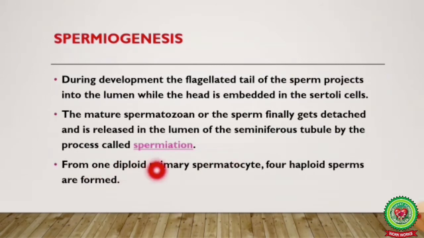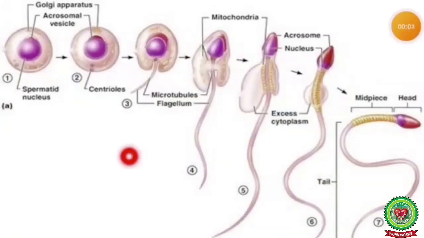From one diploid primary spermatocyte, 4 haploid sperms are formed. In this image, we notice the transformation of primary spermatocyte into a spermatid, which later transforms into sperm.